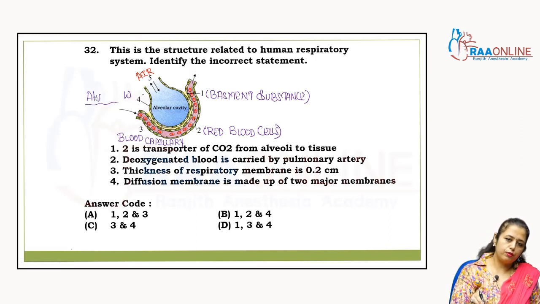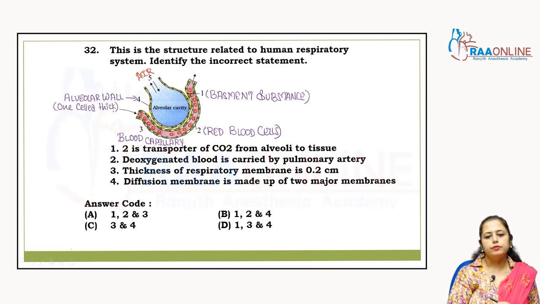That fourth one is the alveolar wall, one celled thick, right? So in that question, this is the structure related to the human respiratory system exactly.